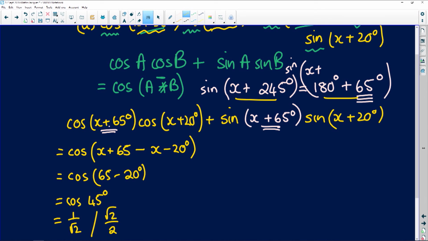Okay, so what was the takeaway in this particular question, folks? You first of all had an arrangement of cos and sine. The cos, cos, sine, sine cues you that this is a compound angle. You don't want to change those ratios at all, you want to leave them the same. So we zoom in on the angles. We saw there was an x plus 20 and an x plus 20. Then there was an x plus 65 and an x plus 245.